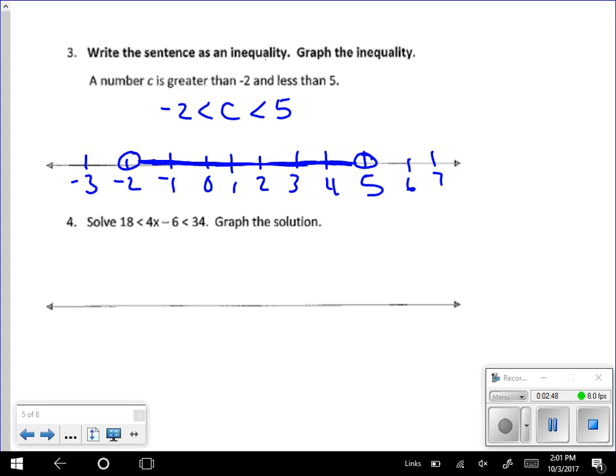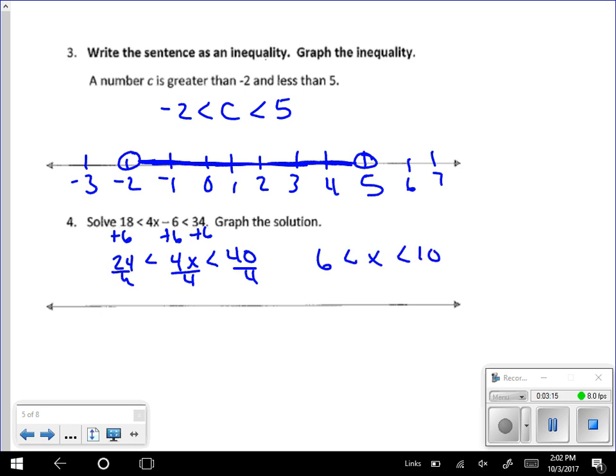But this one we have to solve and then graph. So for this one, technically we can do the same thing to both sides, so we don't have to separate it out. We're going to add 6 to all of the sides. So 18 plus 6 would be 24. And then this would be 40. And divide by 4. So 6 is less than x, which is less than 10.